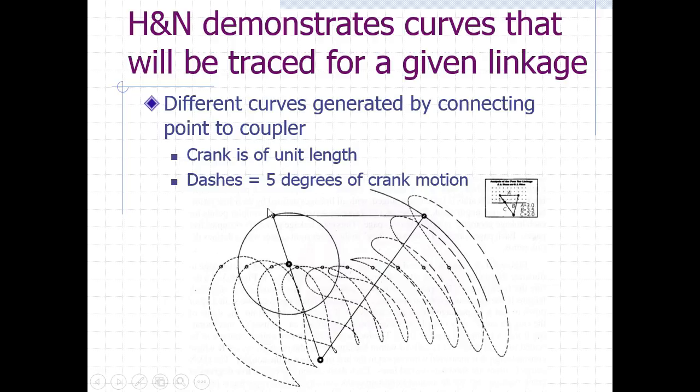Here's an example. Here we have a crank, a coupler, a rocker, coming back down to a second ground position. So this ground position is O2, this ground position is O4. The length of the crank is always of unit length in the H&N atlas.